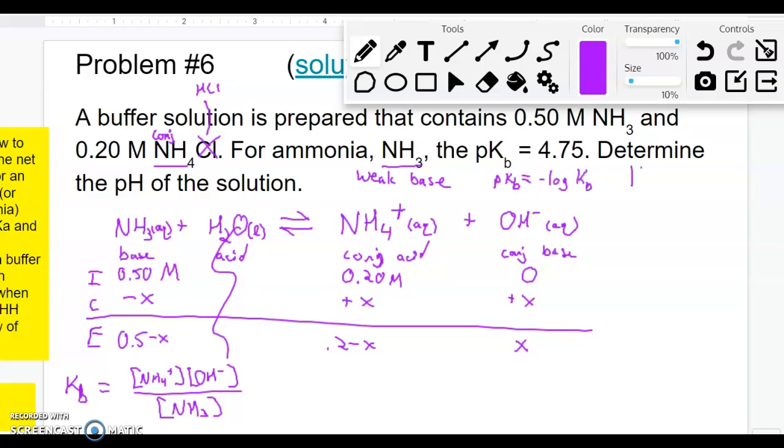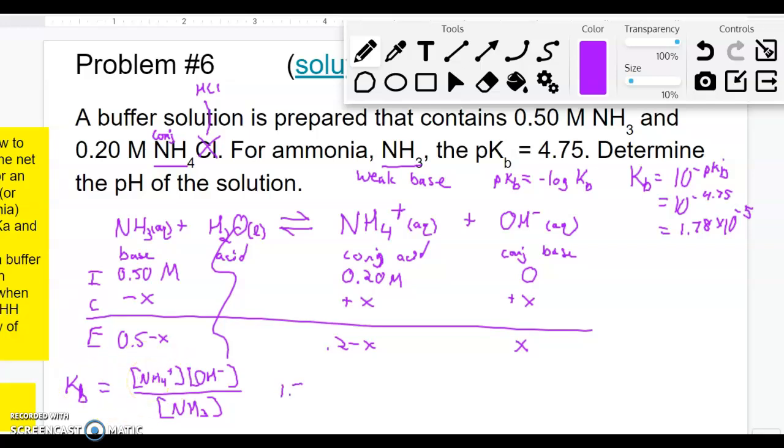But to get that Kb, I need to do 10 to the negative pKb. So it's equal to 10 to the negative 4.75. If I do that, I end up with 1.78 times 10 to the negative fifth. All right, now I'm ready to use that value in my equilibrium expression.